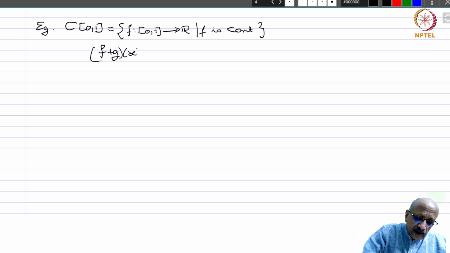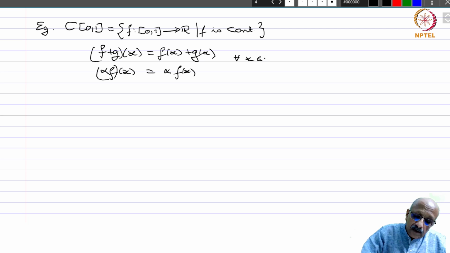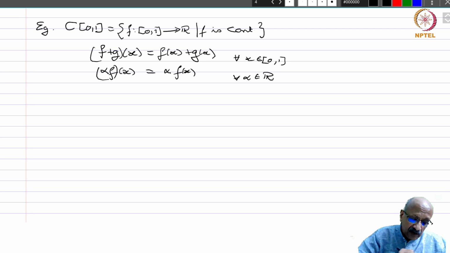So (f + g)(x) is f(x) + g(x), and (alpha f)(x) equals alpha times f(x), and this is true for all x in [0,1], for all alpha in R. So with this we have a vector space.